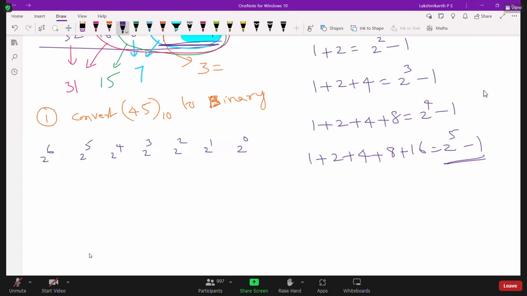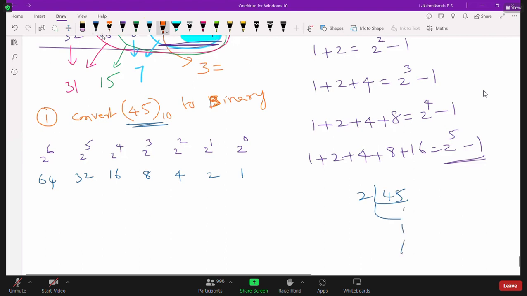So what are these values? 1, 2, 4, 8, 16, 32, 64. Now we are converting 45 to a binary number. You can also use the division method, which we have learnt already.